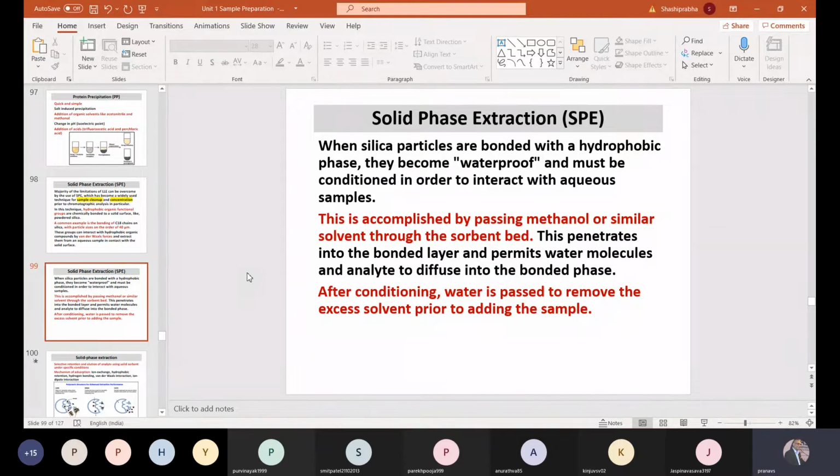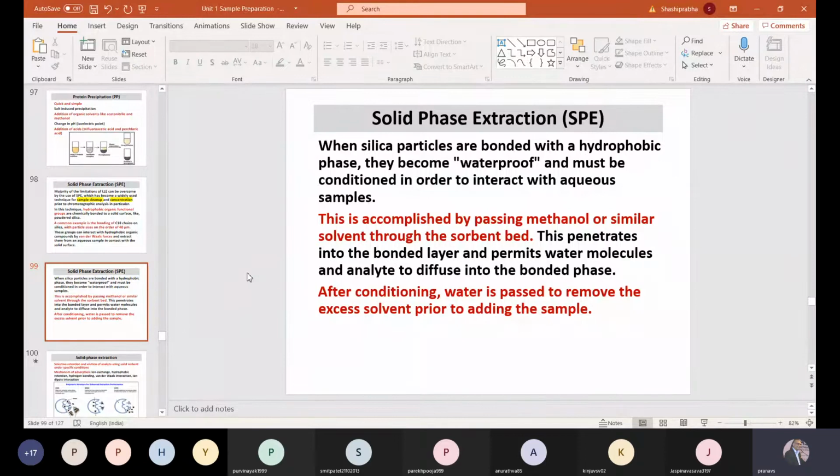Now, to overcome this problem, one tries to activate it before the process of extraction. And this activation is done using methanol as the solvent. Why? Because methanol acts as a bridge between the hydrophobic characteristics of the solid phase and, at the same time, it is miscible with water.